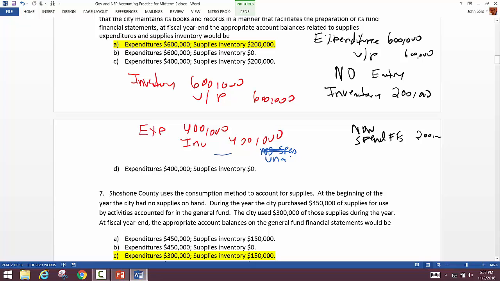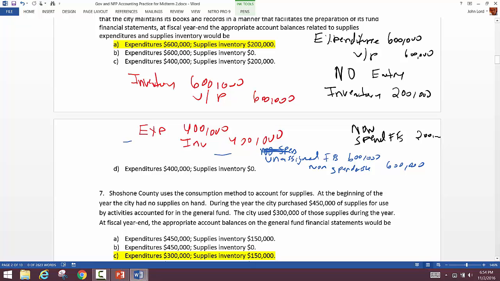Unassigned fund balance, at the beginning, for 600,000, and I would have credited the non-spendable, right? For 600,000.